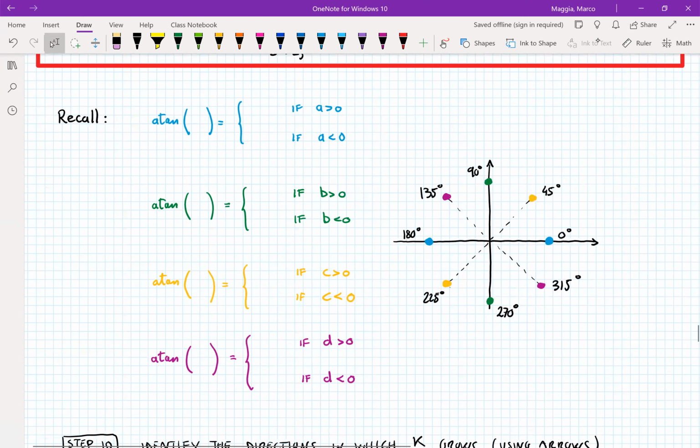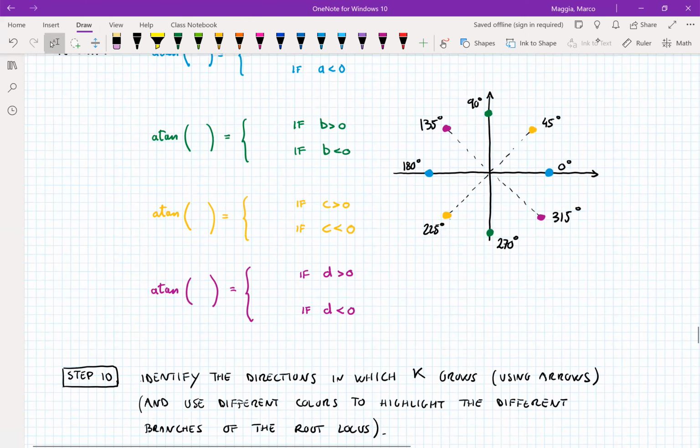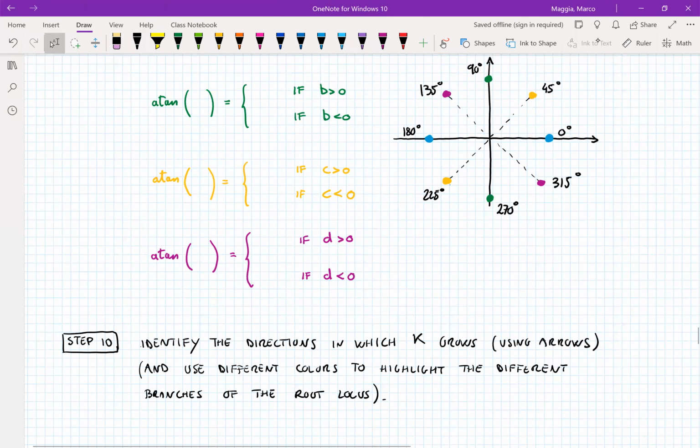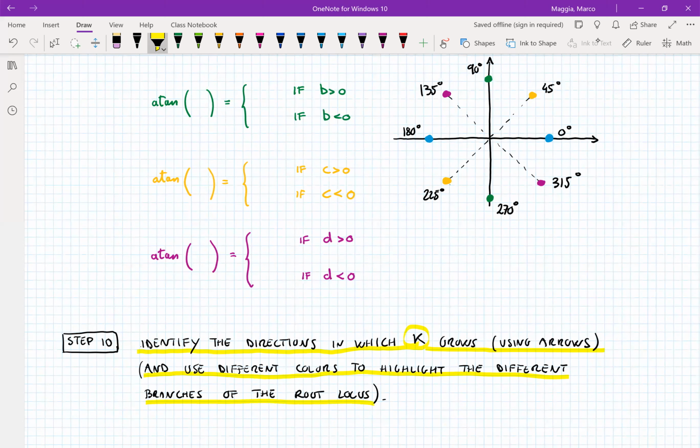Before doing that, I want to conclude with step number 10, which is very easy, and we've already talked about. So step 10, you just have to identify the directions in which K grows using arrows, and possibly use different colors to highlight the different branches of the root locus. And we've done that already.